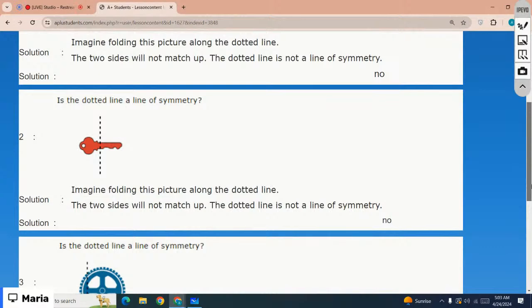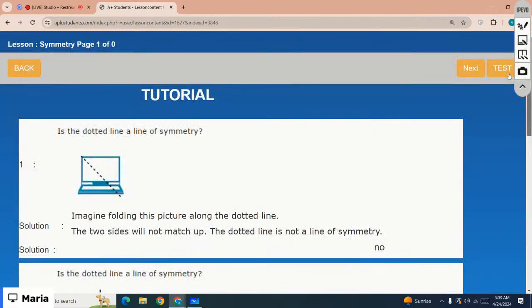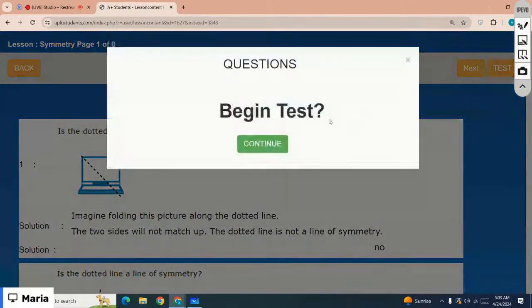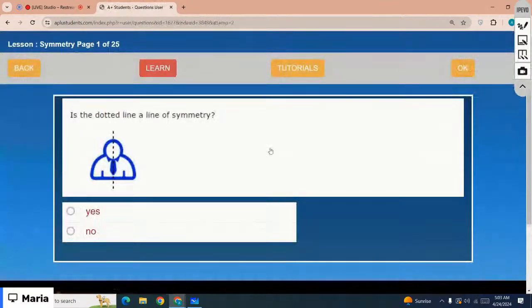Let's start with the test questions. Is the dotted line a line of symmetry, which is the correct option? Yes, it is. If you fold the image, the two sides match up. The correct option is yes, it is.